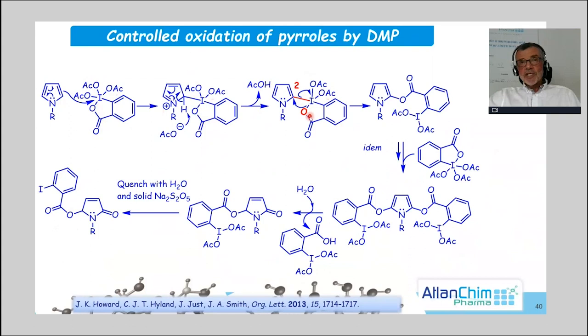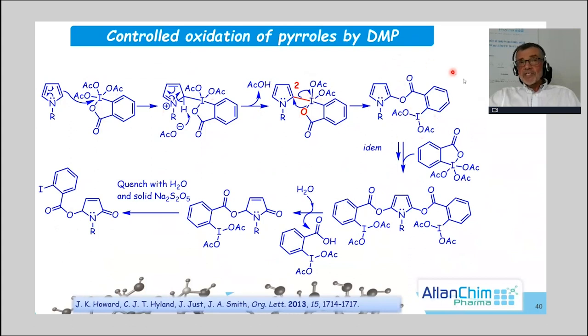Then migration of the oxygen atom of the benzoate onto the carbon 2 of the pyrrole and concomitant cleavage of the carbon-iodine bond provides this new intermediate.